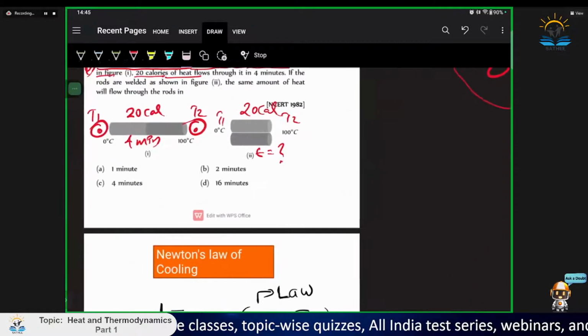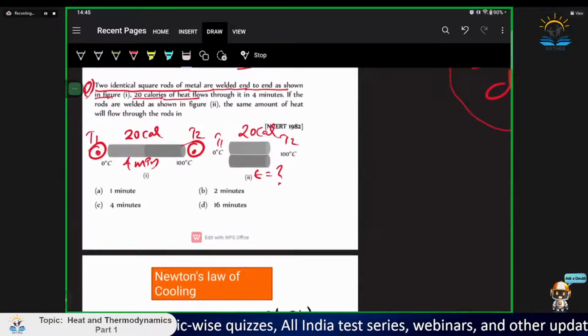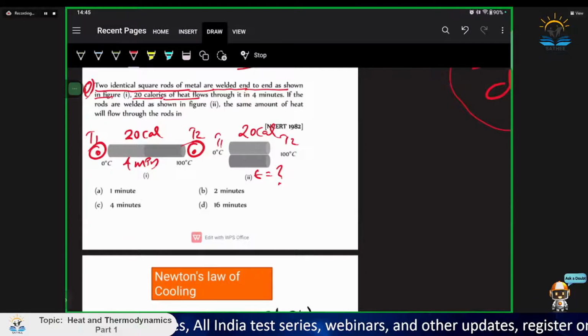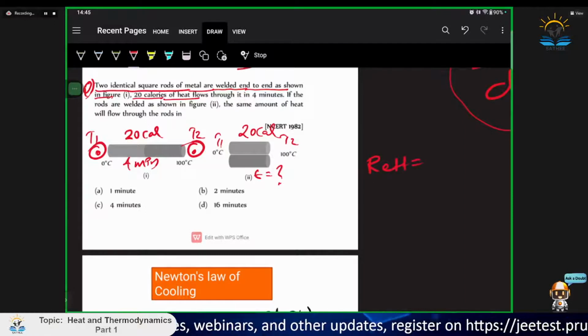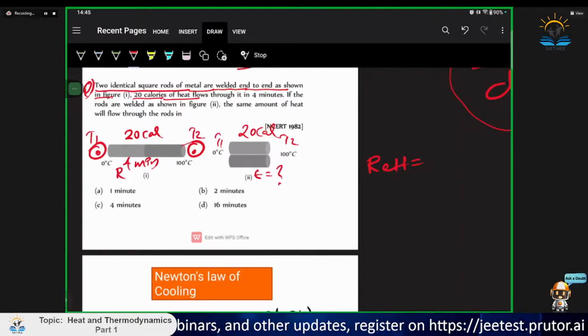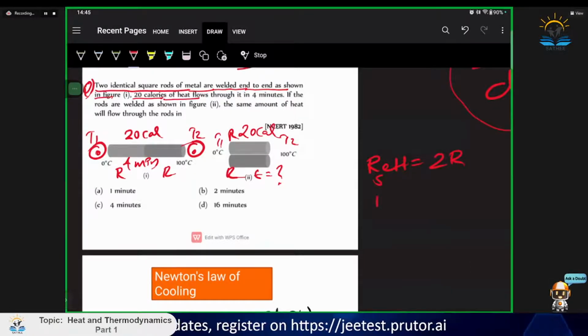See, so what is the thing? Both the rods are identical. So R1 and R2 are equal. In series connection, R effective is, I am writing this is R, this is R, R effective in series, 2R. R effective in parallel.